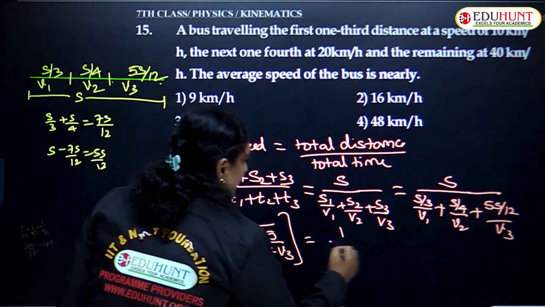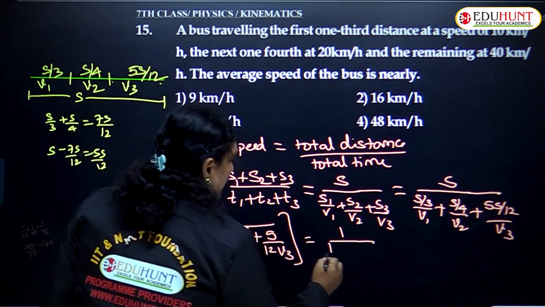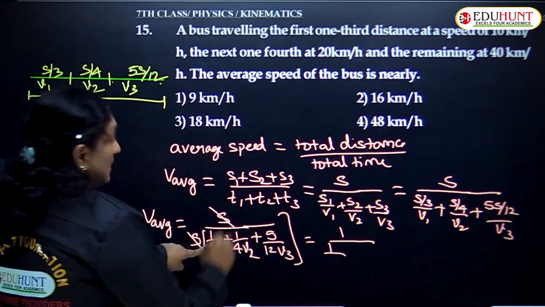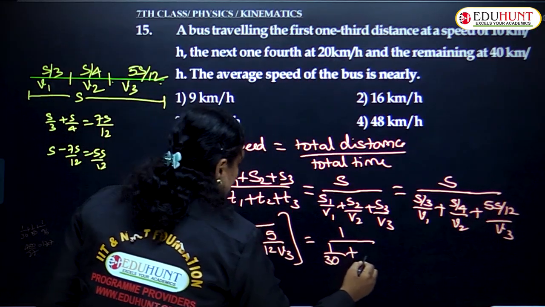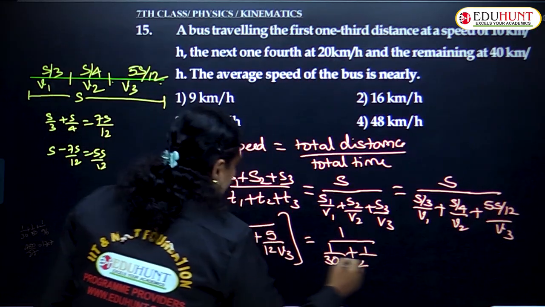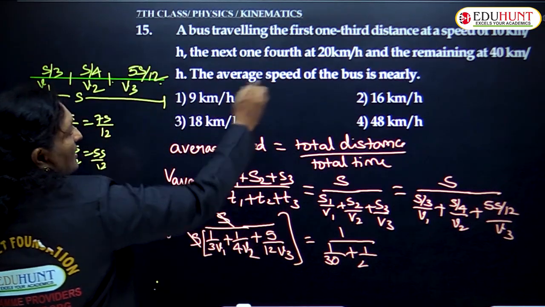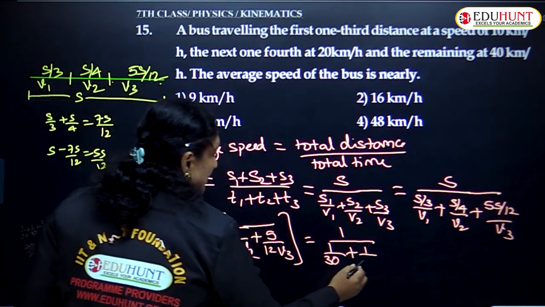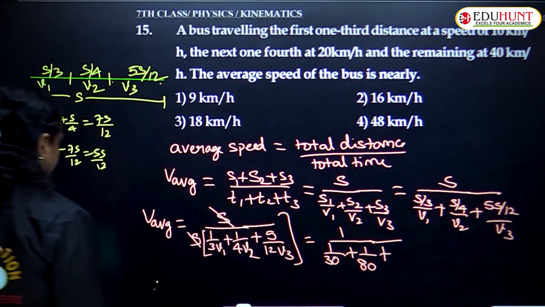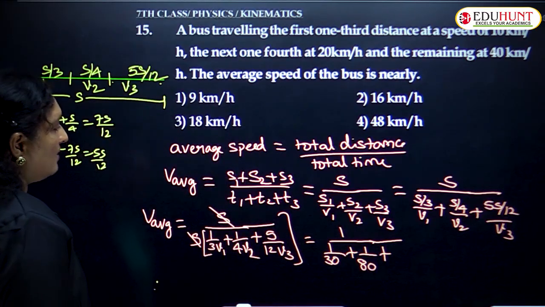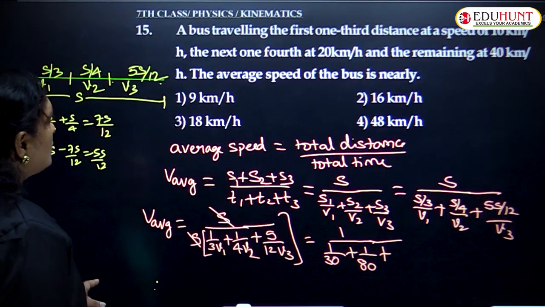Then this will become 1 upon 1 by 3 into V1, V1 is 10. This will become 30, plus 1 by 4 into V2. V2 is how much, children? 20. Then that will be 4 into 20 is 80, plus the other is 5 by 12 into V3.